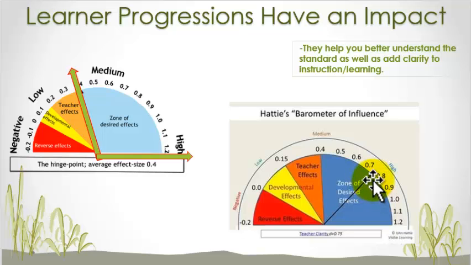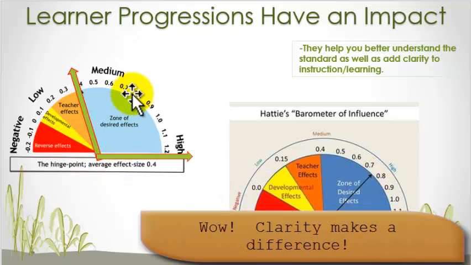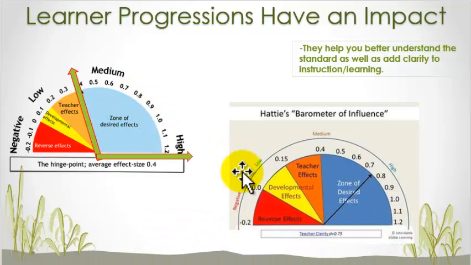You can see that it's 0.75. So it actually falls over in this area, which is the zone of desired effects. That means it is something that can happen in a classroom that is more effective than what typically happens in a classroom.